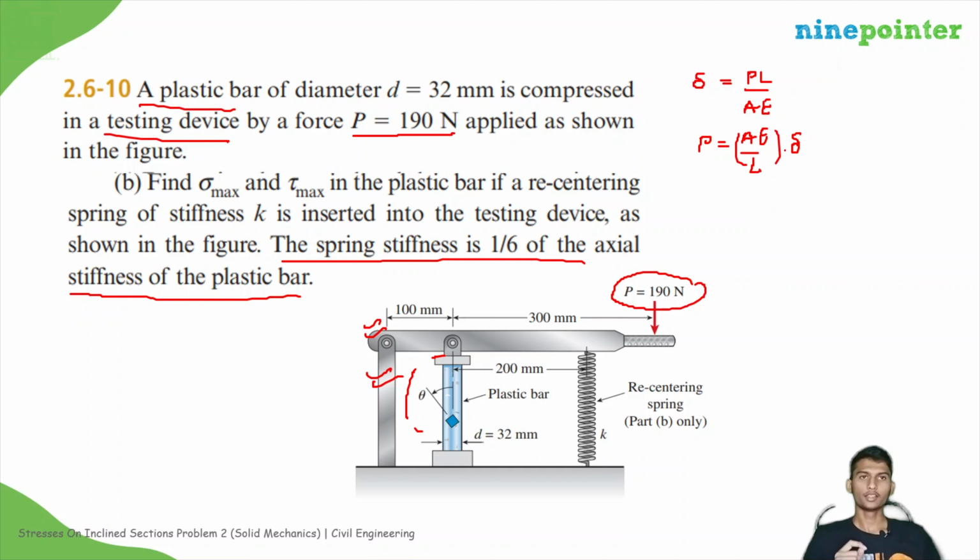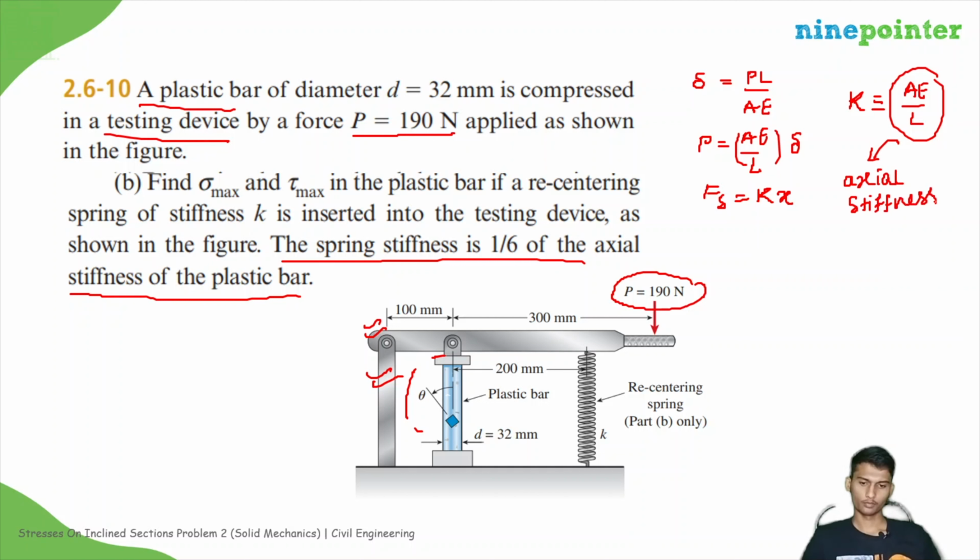If you compare it with Fs is equals to K into X, then you can see K will be equals to AE by L. So this is axial stiffness. Let us call the axial stiffness K dash. Then K dash is equals to 6 times K of spring.